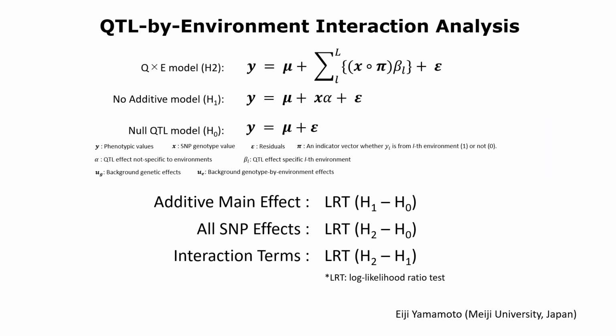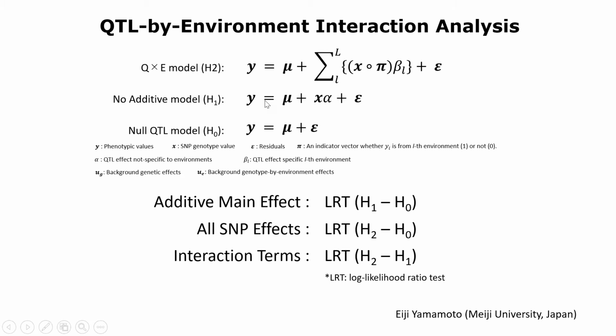In addition to this TASSEL analysis, we also conducted some QTL by environment interaction analysis. This was done in collaboration with one of our collaborators, Dr. Yamamata from the university. He mostly does Q by E interaction, and we present some of our results on that.